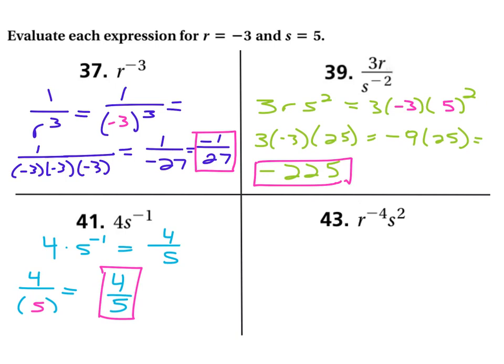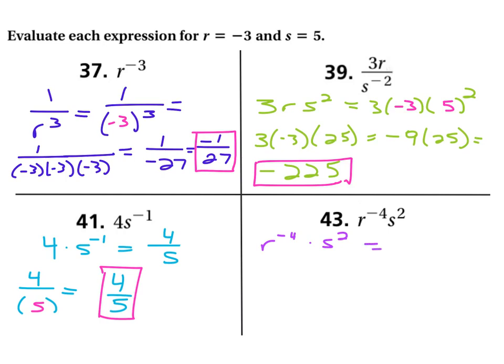And then the last one, we're going to rewrite this as r to the negative 4 times s to the second, just to show which thing has got a negative exponent on it, just the r.